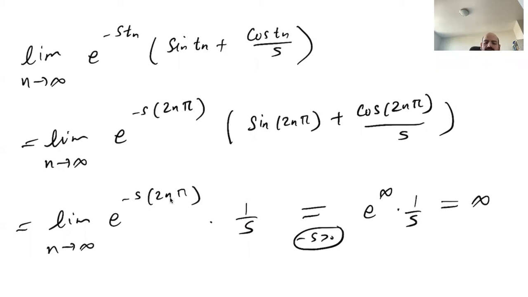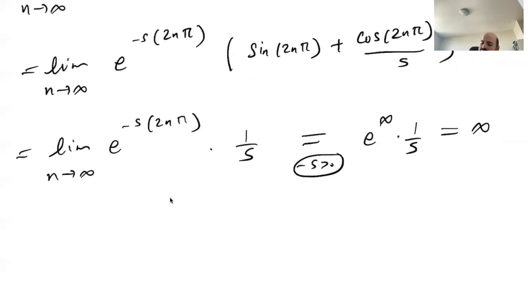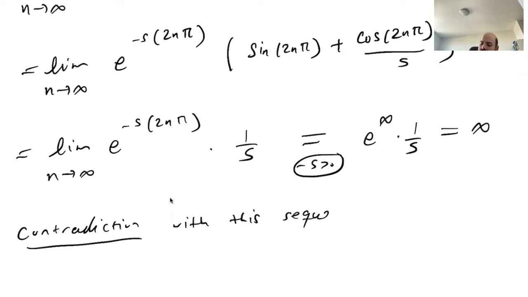E to power infinity times 1 over s, that will be infinity. And this is a contradiction with this sequence converging to L. Remember, this sequence was supposed to be convergent to L, but the limit of it is infinity, so it's divergent.